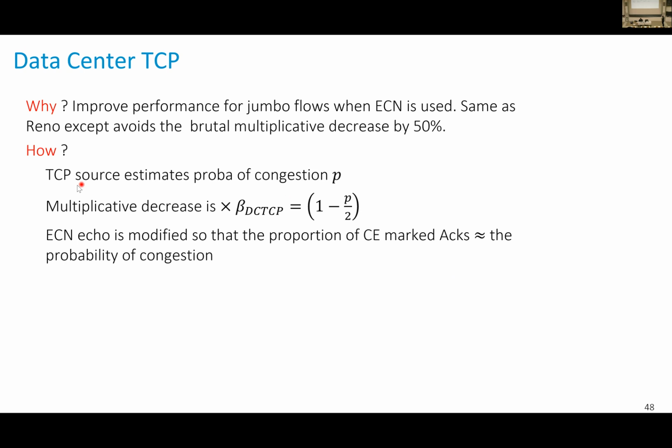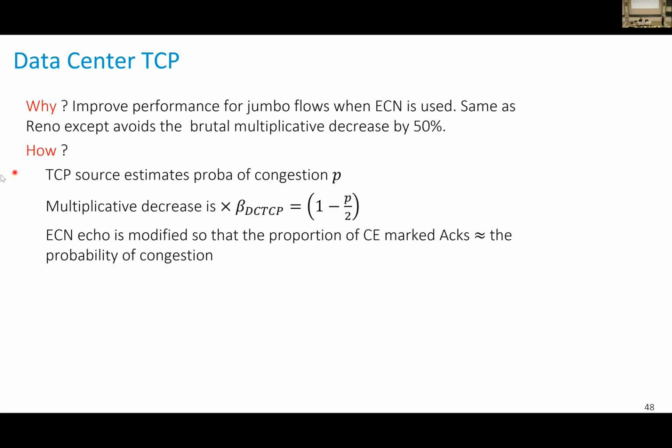So a source, with the classical ECN, as soon as it sees one packet marked, says, oh, I reduce the window. And then I will instruct the destination that I have marked it so that the destination knows and will not bother sending anything during one round trip time. I will not reduce again here. That's the classical use of ECN.